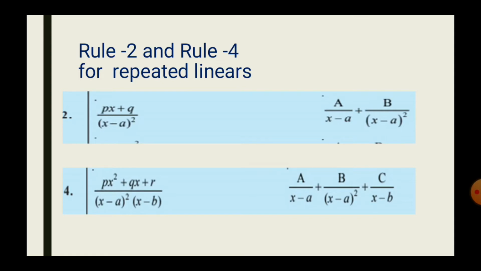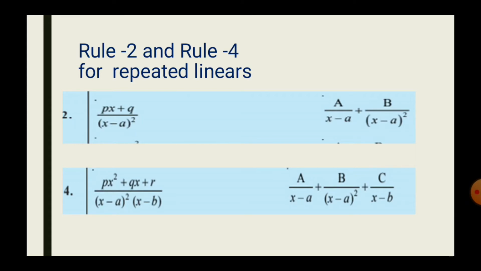And the rule 4 is where denominator has three factors: x minus a whole square and into x minus b, x minus a is again repeated linear. Now we will take three arbitrary constants: a upon x minus a plus b upon x minus a whole square plus c upon x minus b.